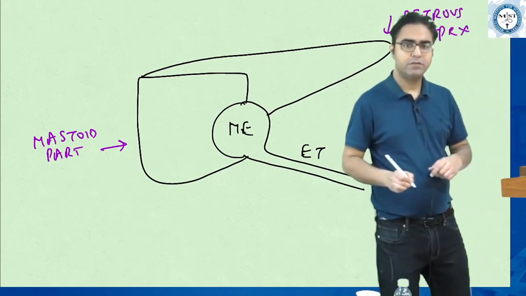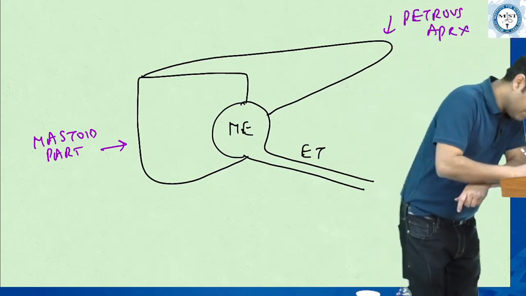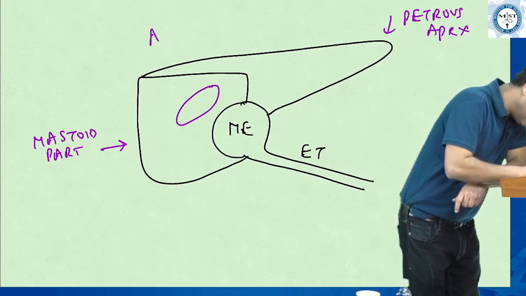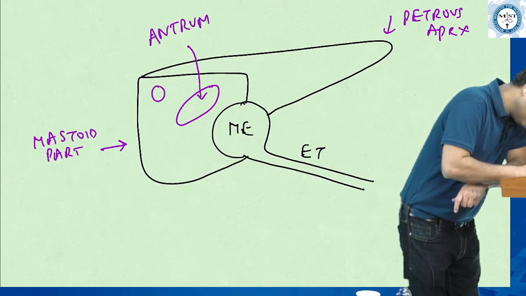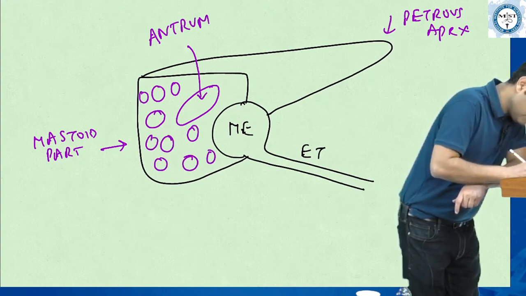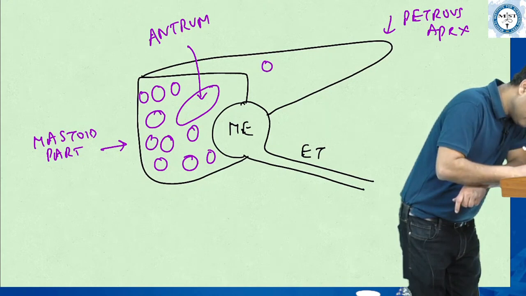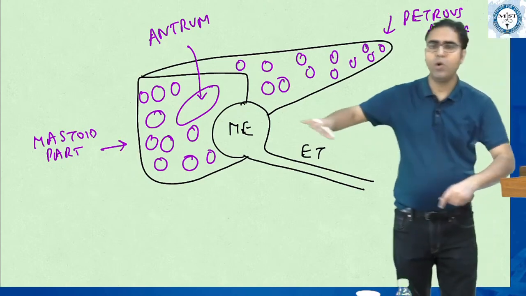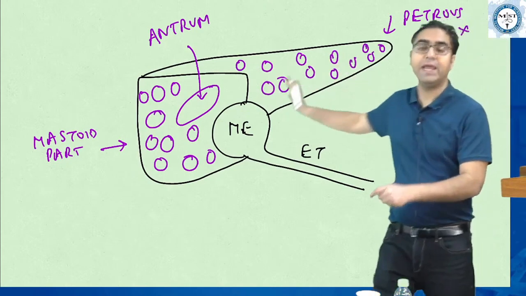Petrous apex. There are many cells. The large cell is called antrum. There are many other cells in the mastoid, just like ethmoid cells. You remember yesterday's class, ethmoid? Antrum is a big cell, the constant cell. Similarly, the whole of temporal bone is full of air cells.